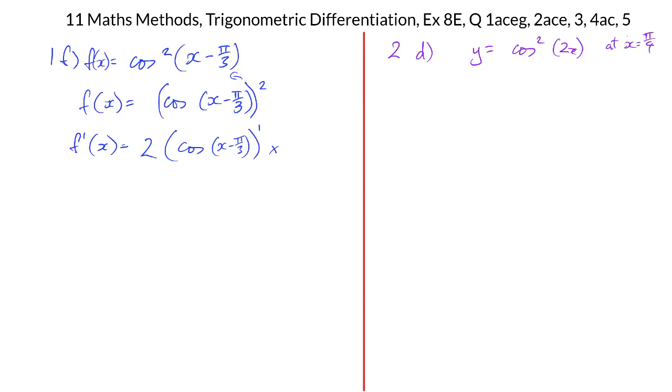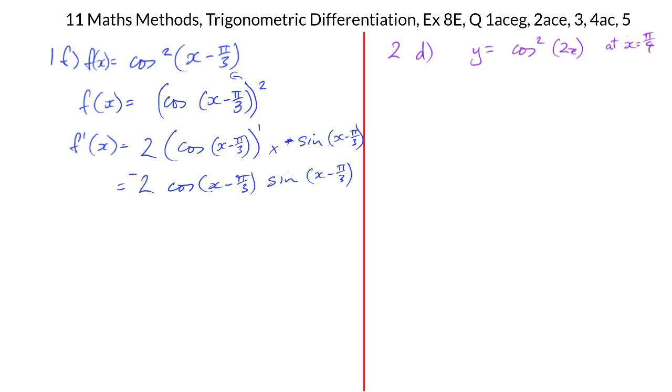And the derivative of cos is, of course, negative sine, and the derivative of x minus pi on 3 is just 1. It's like a derivative of 1. So I'd put a 1 in front if I wanted to, but the fact that it's a 1, I won't bother. And so now I end up with 2, and I'm making it negative 2 cos of x minus pi on 3, because it's the power of 1, sine x minus pi on 3.